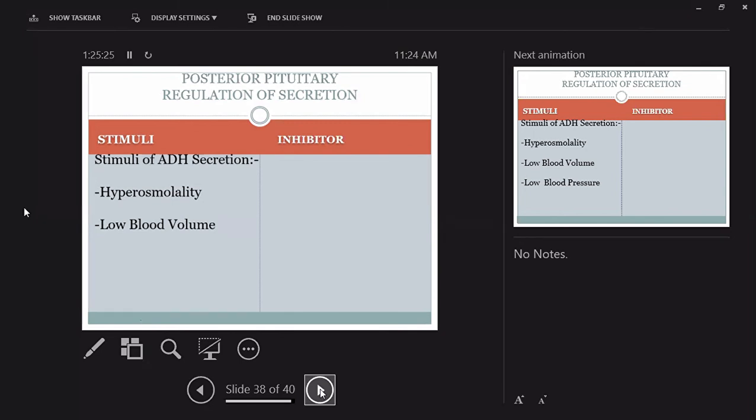Because the body needs to increase pressure. It has to increase the blood volume so that the patient will not die. So it has to increase reabsorption of water to increase the pressure.